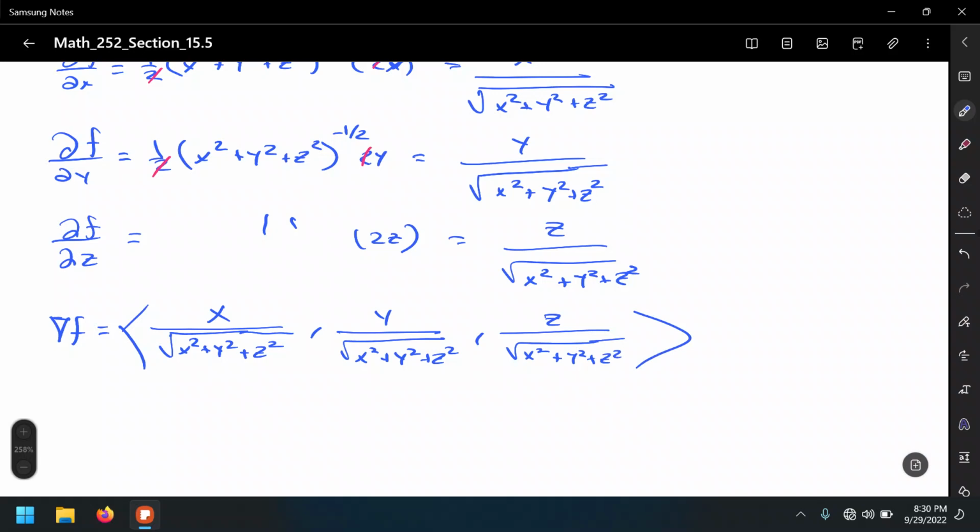So that's our gradient. Again, in this case, we're adding one more component to our database now to store one more piece of information, the rate of change in the direction of z.